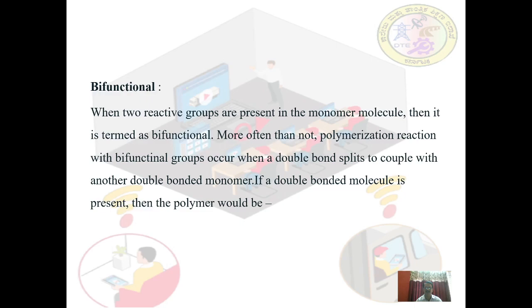If a double bond molecule is present, then the polymer would be like this. R plus R are the two monomers which actually produce a polymer R dash. A double bond is there in the R dash R double bond R. It is a bifunctional monomer. On polymerization, it produces single bonded polymer.